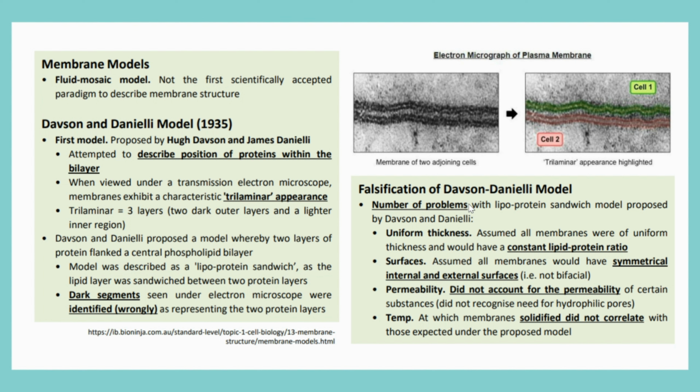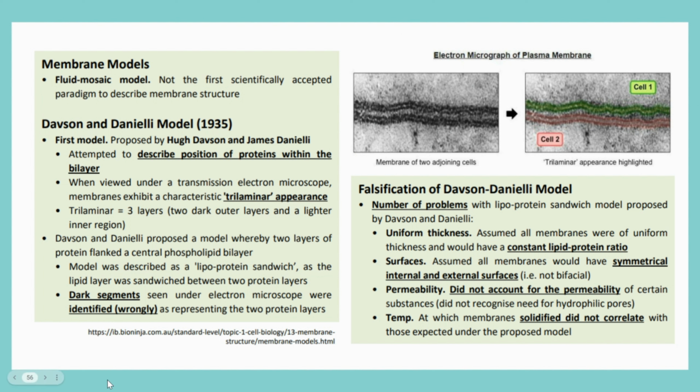The initial model that was proposed and accepted was the Davson Danielli model, which attempted to describe the position of proteins within the bilayer. Initially, when they had a look, they thought that the membrane was trilaminar, meaning three layers: two outer dark layers and one lighter inner layer, as you can see in this micrograph on the right hand side where my cursor is pointing.